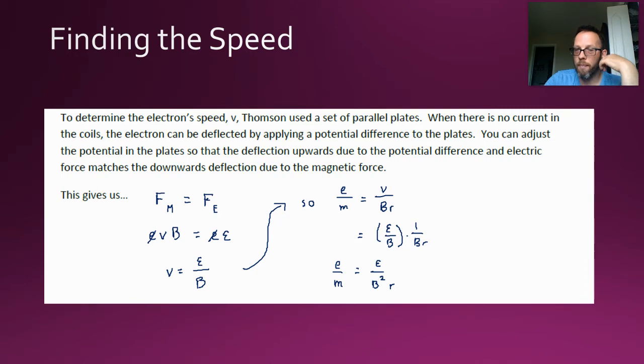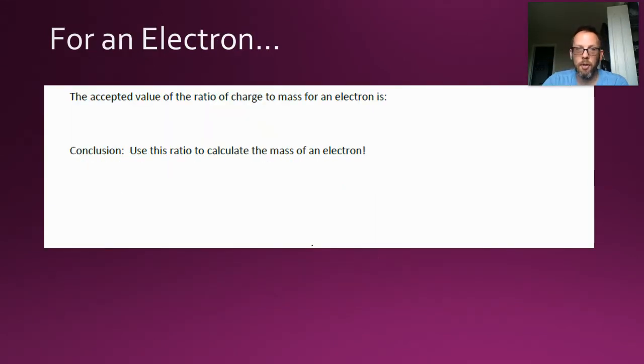Then he would change the magnetic field again, get a new r, and calculate e over m. He could also keep the magnetic field strength the same and adjust the voltage, see what the new r is, and get a different value for e over m. What he found was that in all these combinations, the value for e over m was similar. As he did this experiment over and over, changing B and ε, what he got was the accepted value, which is this.